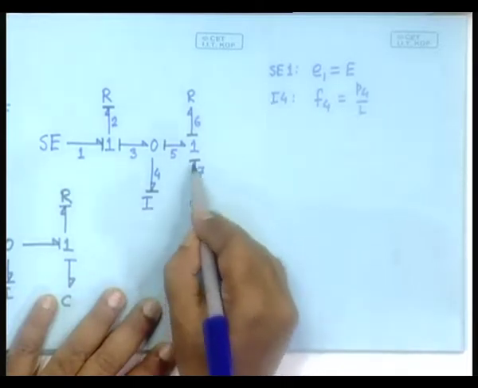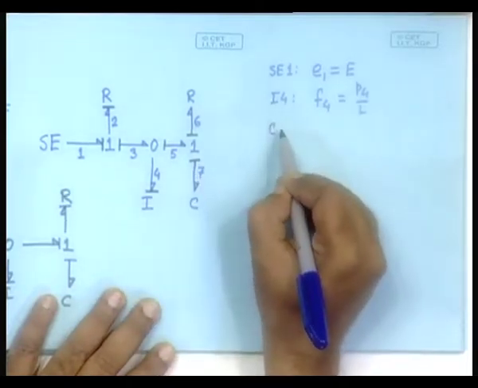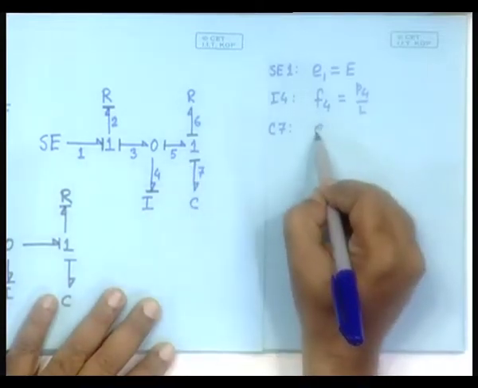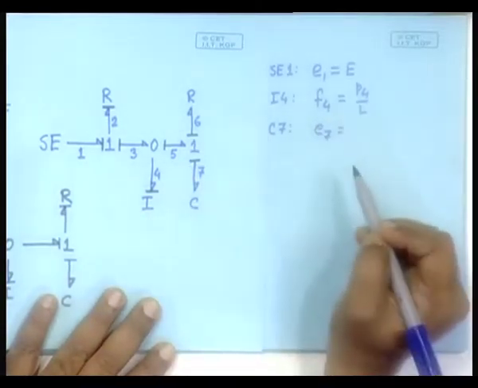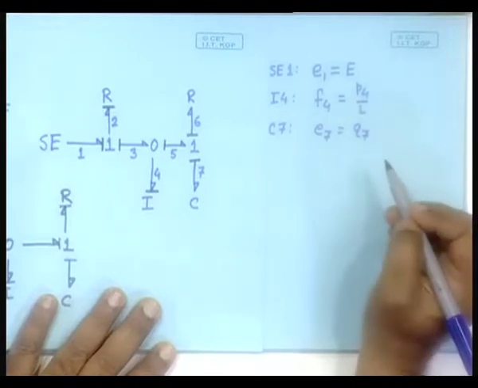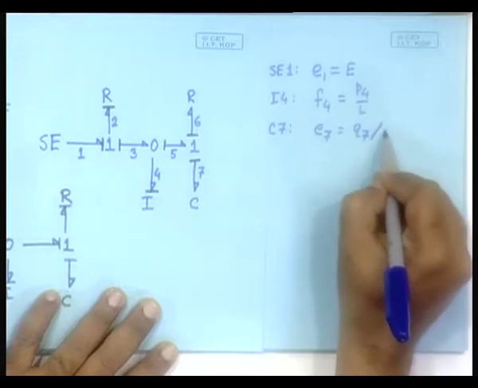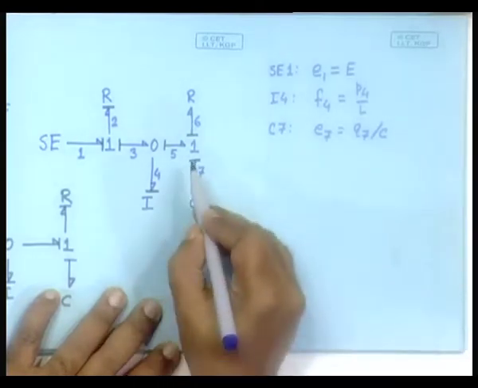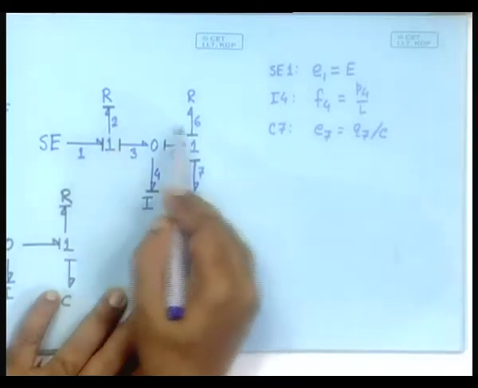Next question is asked to this element C7. What does it give to the system? E7, which is Q7 by C, right.